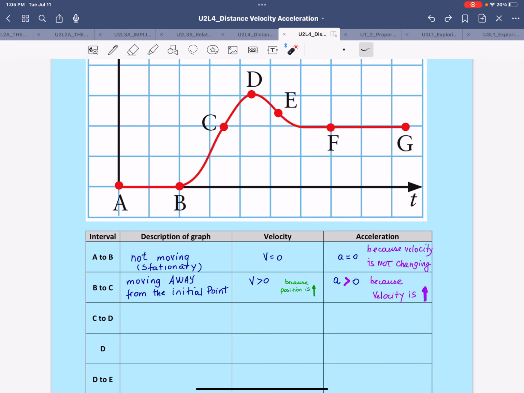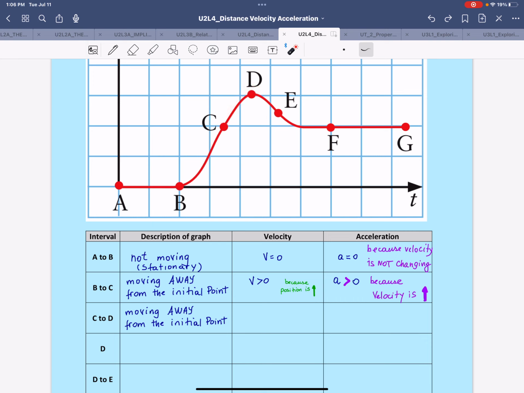From C to D, the object is still moving away from the initial point or point of reference. We know this because at C we were at 2 units and then it goes to 3 units. Let's talk velocity. Velocity is still positive, and right here it will hit 0.